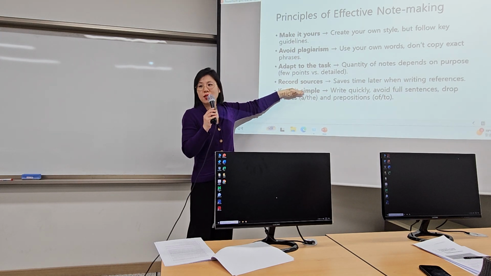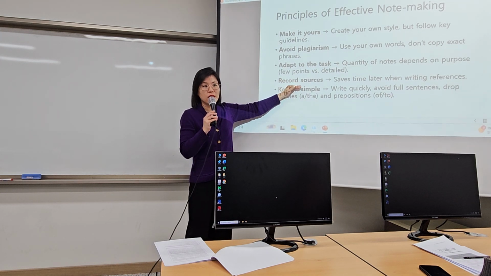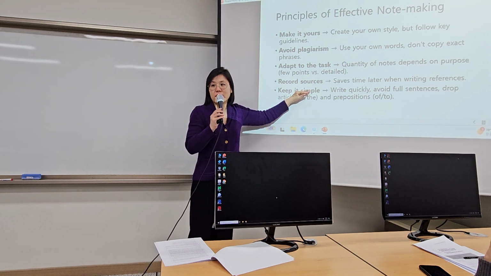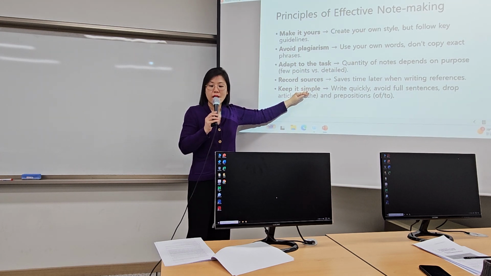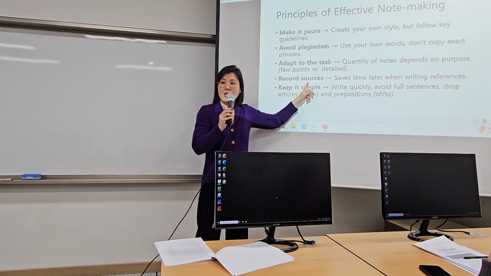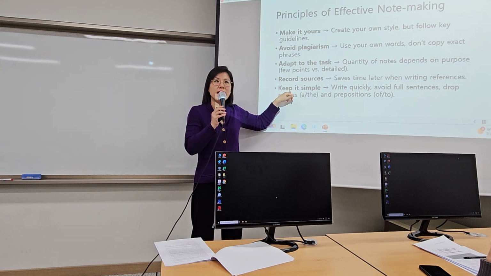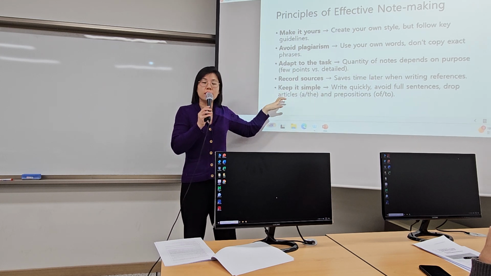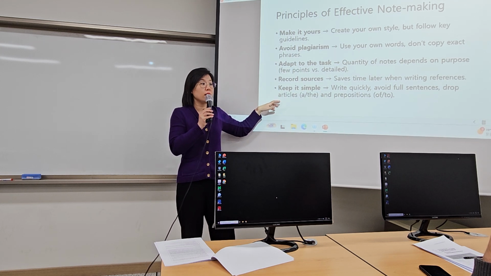When you make notes of any of the sources, you write down the references exactly, right? So if you're writing a journal article, then you basically write down every detail of the title, all right? And it's the same with the book or any other online sources.